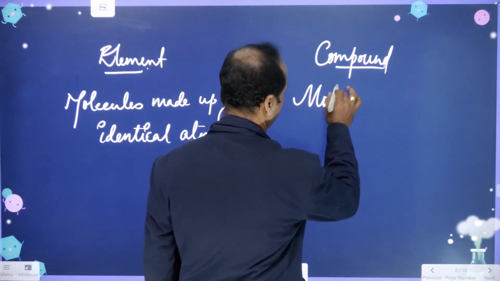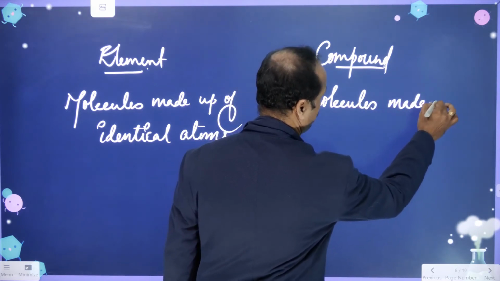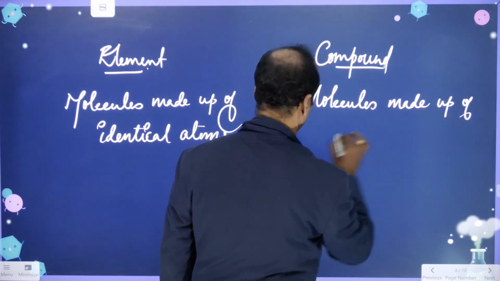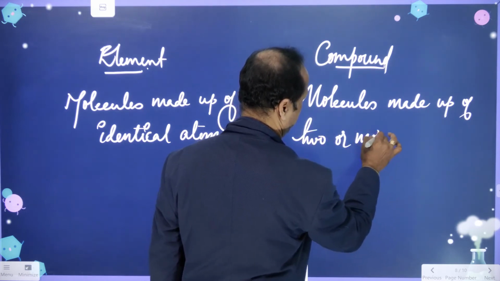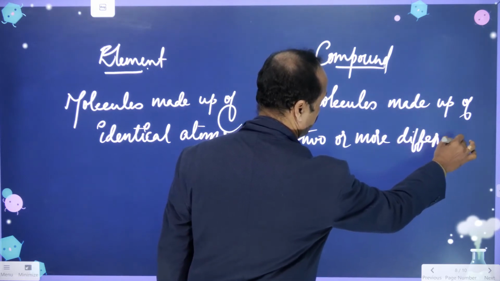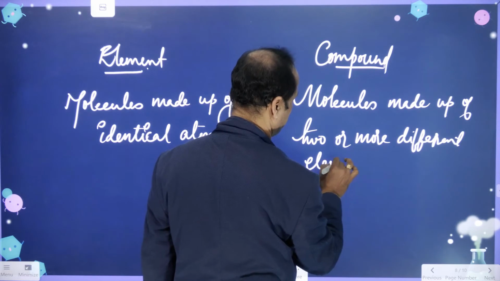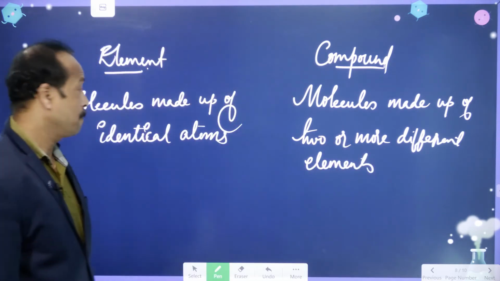Then how can you define compounds? Molecules made up of two or more different elements or atoms are called compounds, right?